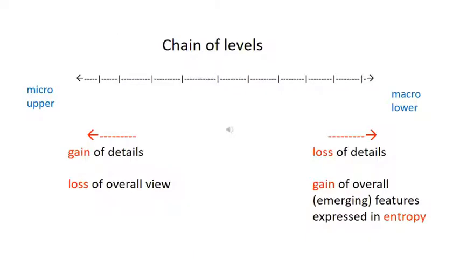So again, in the chain of levels, we have micro and macro ends. If we go towards micro, it's usually called extension. There is a gain and loss: gain of details or loss of overall features. If we go right towards the macro, there is a loss of details and gain of overall features.